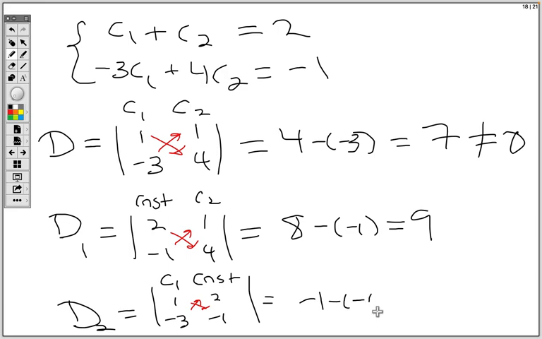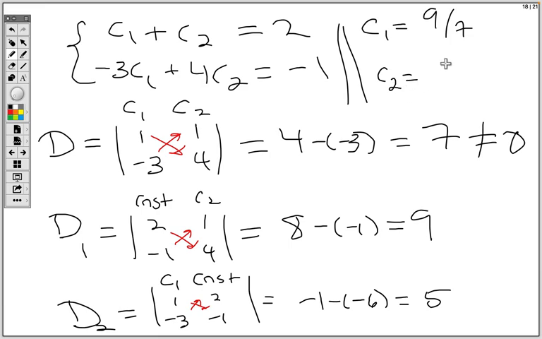Negative 1 minus negative 6. So we get, what, a 5 out of that? And so I can get C1 is 9/7 and C2 is 5/7. Any questions on the calculations there?